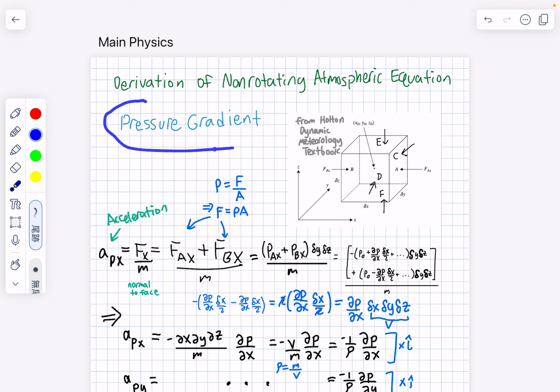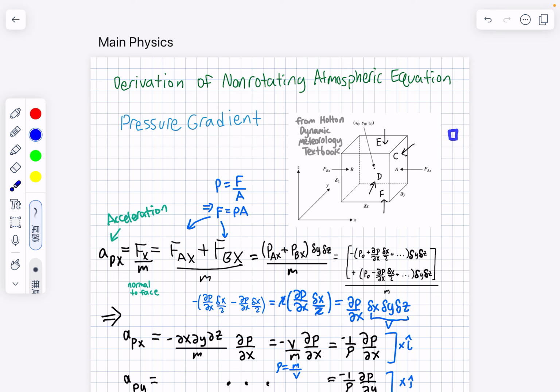For the pressure gradient force, we imagine an infinitesimally small box with side lengths delta x, delta y, and delta z, which are extremely small distances.